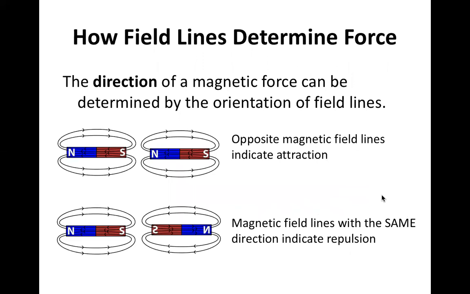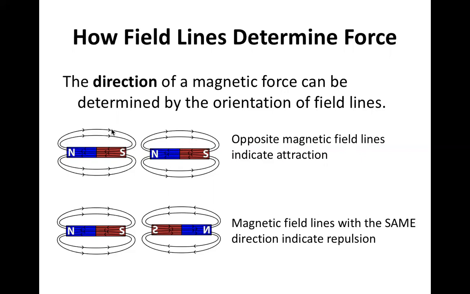Okay, we can take a look at the field lines and determine whether there is an attractive or repulsive force. So for bar magnets, this might be dead easy. You don't need your field lines rules yet, but what we're going on to, this will come in handy. So the direction of the magnetic force can be determined by the orientation of the field lines relative to each other.